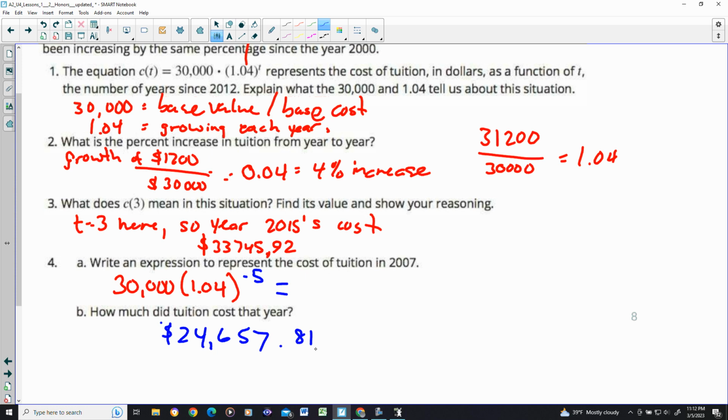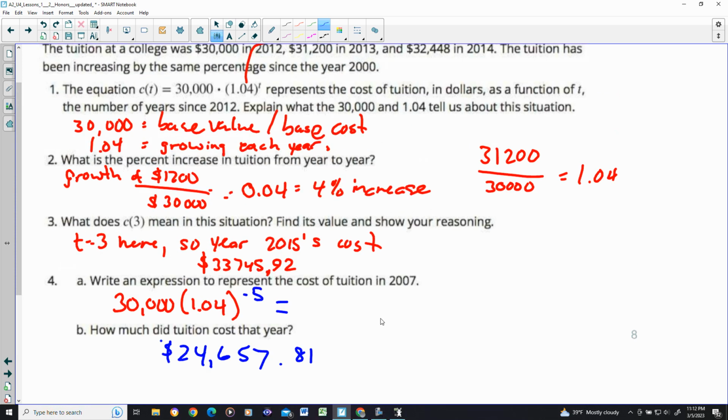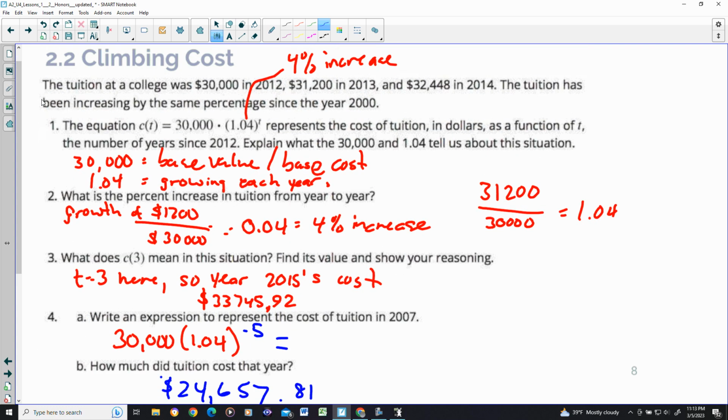We're undoing 5 years of 4% growth. So if you go backwards, the 4% increase becomes a 4% decrease. Fascinating. Actually, to tell you the truth, that's not really a 4% decrease, but that's a conversation for another time. So this makes sense, though, that earlier tuitions are going to be cheaper. All right. So you see what we're kind of doing here?